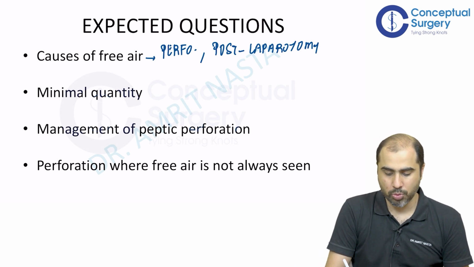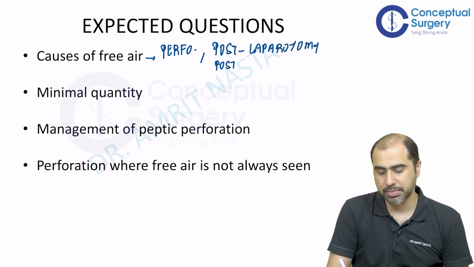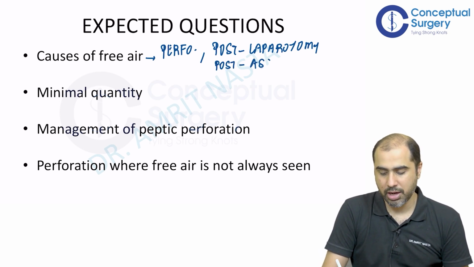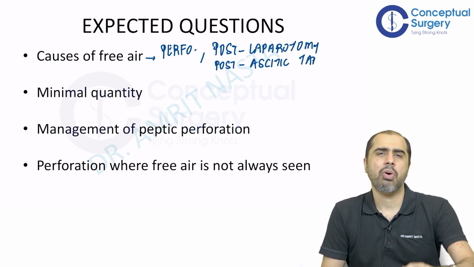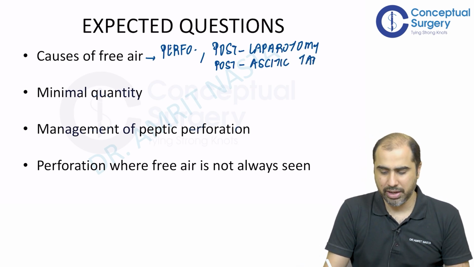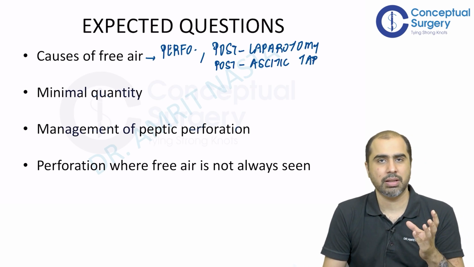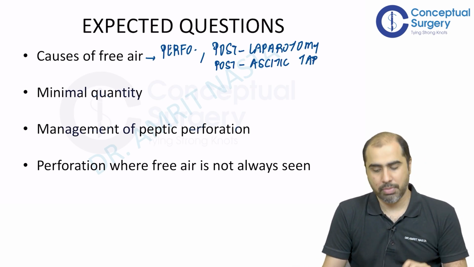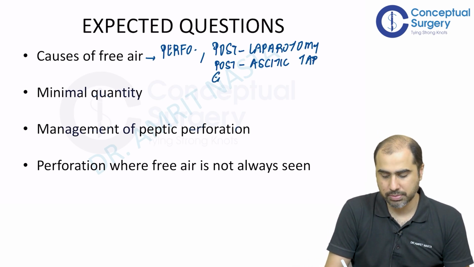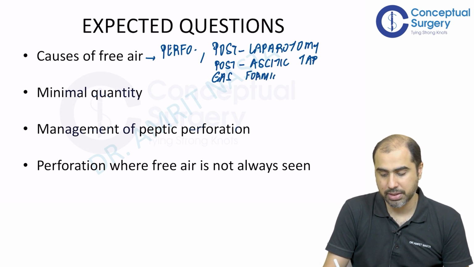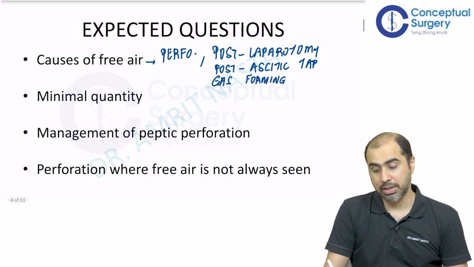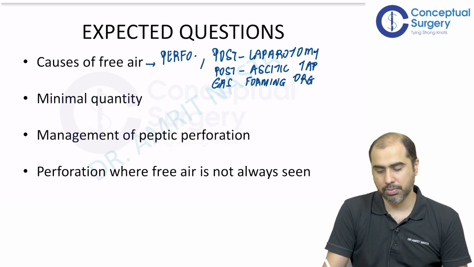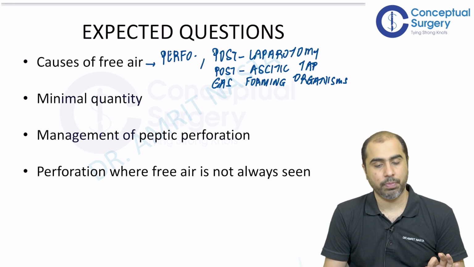Post-laparotomy, post-laparoscopy, post-ascitic tap sometimes, there can be free air which has entered the abdomen. Or, even rarely, it can be because of abscesses in the abdomen, like a liver abscess, because of gas forming organisms. Emphysematous liver abscesses, emphysematous renal abscesses can give you some free air. This is the very basic they want to know.